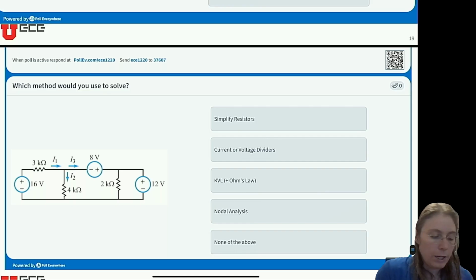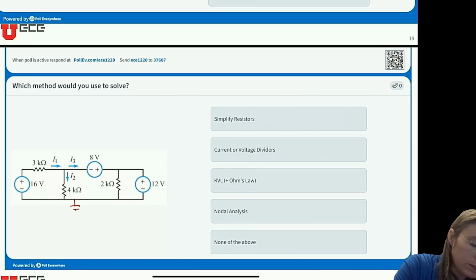Okay, how about this circuit? Okay, with all these multiple sources, we might think we want to use node voltage method again. But there's so many voltage sources in this case, I actually know all the nodal voltages. So if I label this ground, I know this is 16, I know this one's 12, then I know, tracing through this way, that this one's 12 minus 8, which is 4 volts.